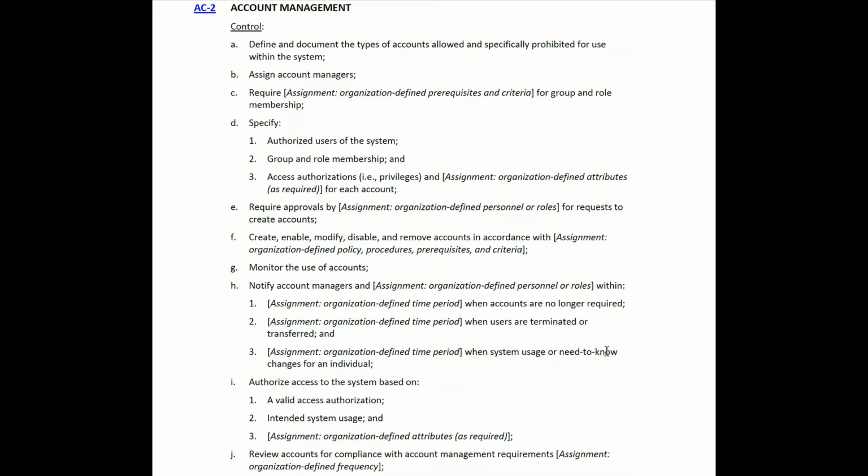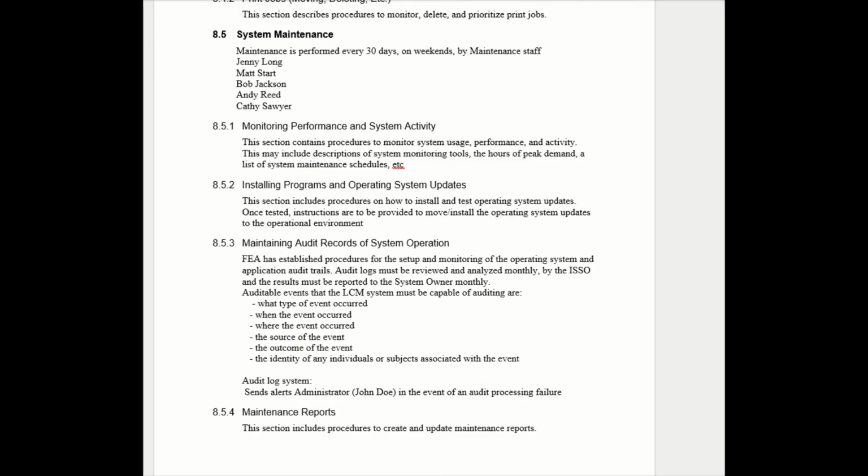So if someone's level of access or need to know, the person's privilege, changes, then the designated individual would be notified. So in this case, maybe the system owner or the ISSO. All right, so that is it for AC-2 as it pertains to AC-13, which was incorporated into AC-2 and AU-6.